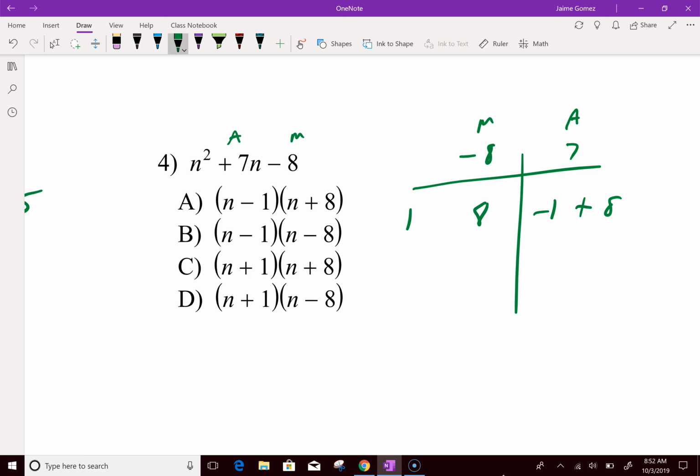Negative 1 plus 8. So negative 1 times 8 is negative 8, yes. Negative 1 plus 8 is positive 7, yeah. So negative 1, positive 8. Number 4 on the test is a squared plus 2a minus 63.